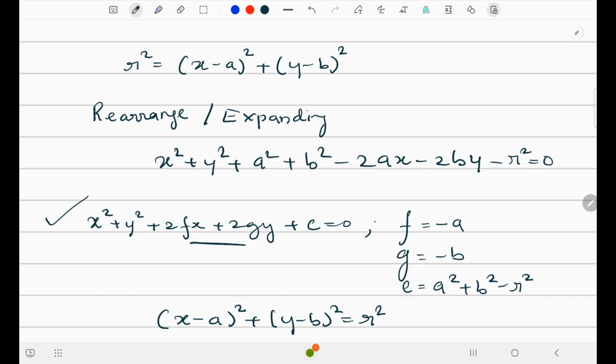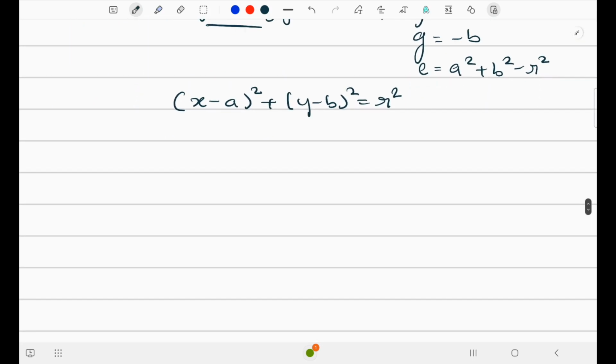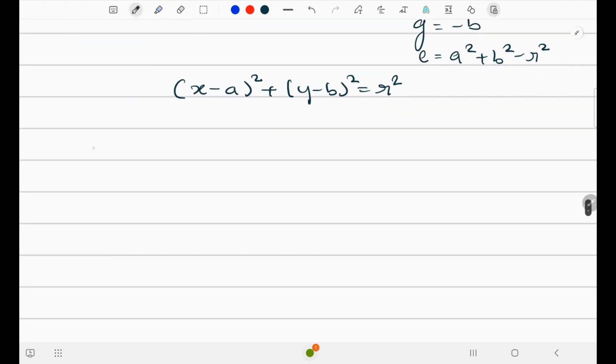And let us see one small example. The circle C has center -7, 13.